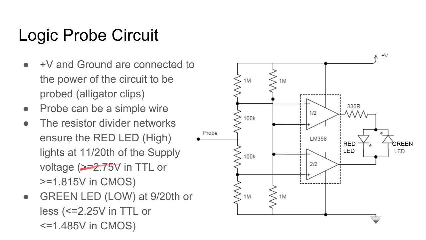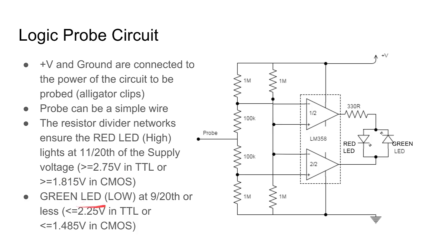That equates to roughly 2.75 volts in a TTL circuit or 1.8 volts in a CMOS circuit. So those are well within the minimum high levels of a CMOS circuit and a TTL circuit.